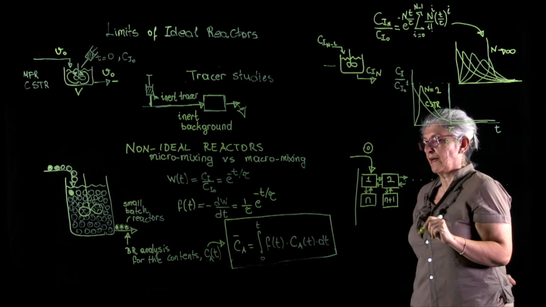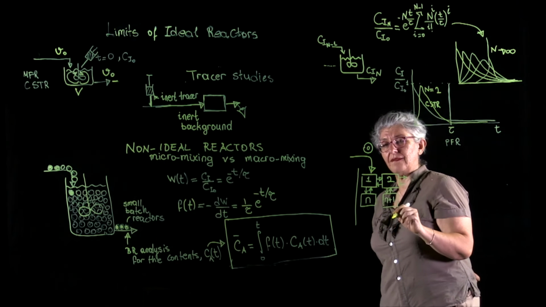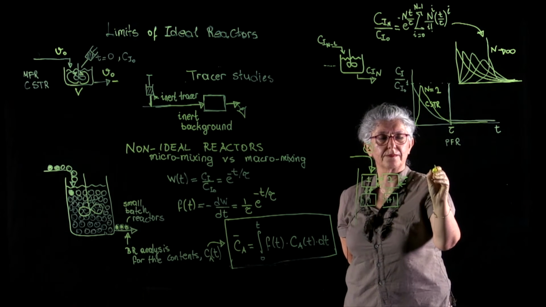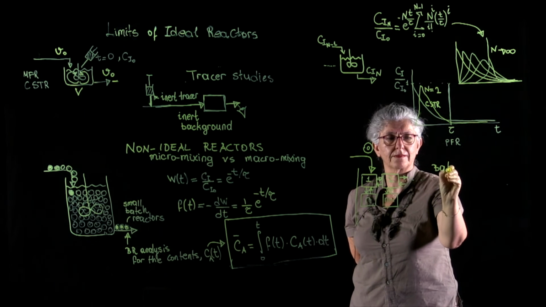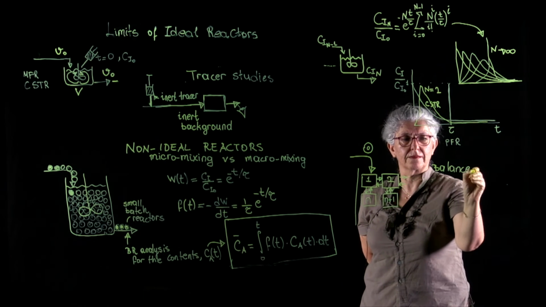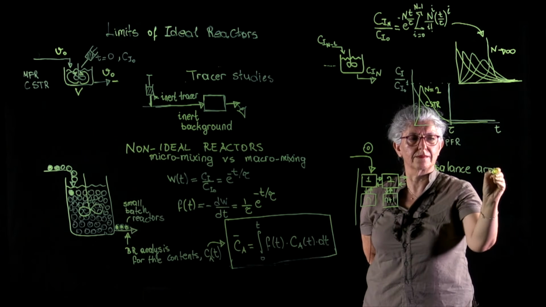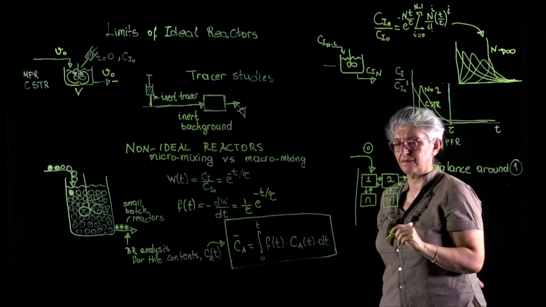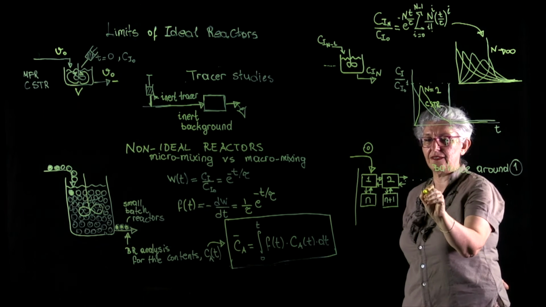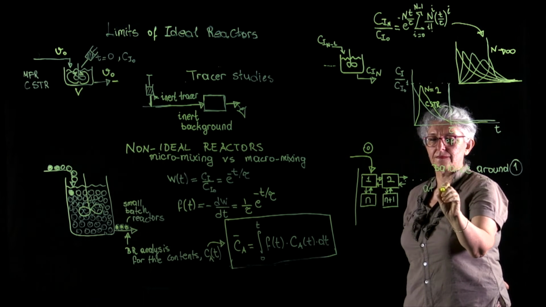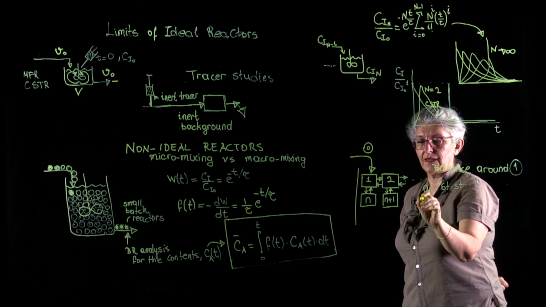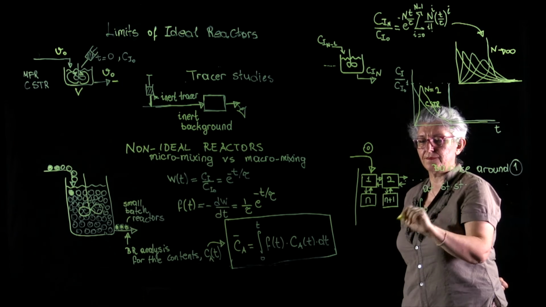And writing a balance for domain 1, I have at steady state F0 coming in.